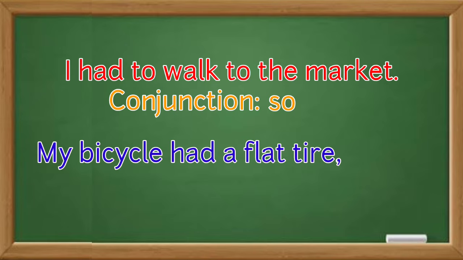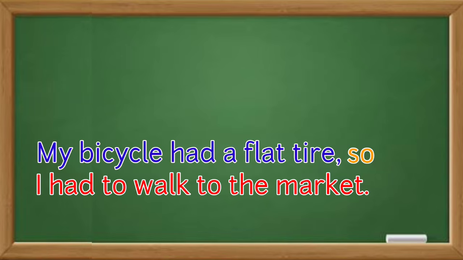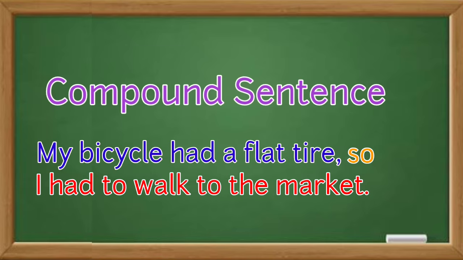Then, let us have the conjunction so. Alright, we can now add the second independent clause. I had to walk to the market. That means to say, the compound sentence formed is my bicycle had a flat tire, so I had to walk to the market.